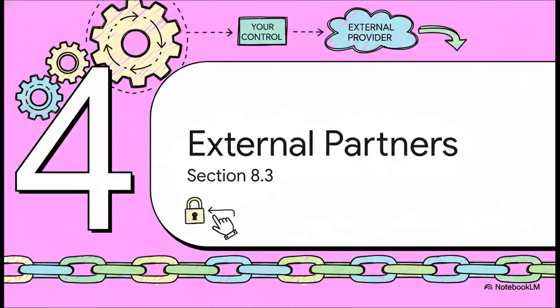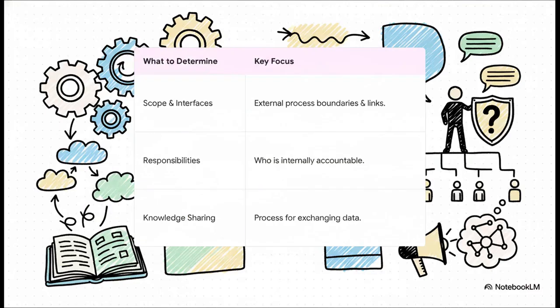Okay, but what about the parts of your operation that you don't handle directly? We're talking about outsourcing, which is a huge part of modern business. That's exactly where Clause 8.3 comes in. The main point here is that just because you've handed a process over to an external partner, your responsibility for it doesn't just disappear. To manage this properly, the standard says you have to clearly define 3 key things.